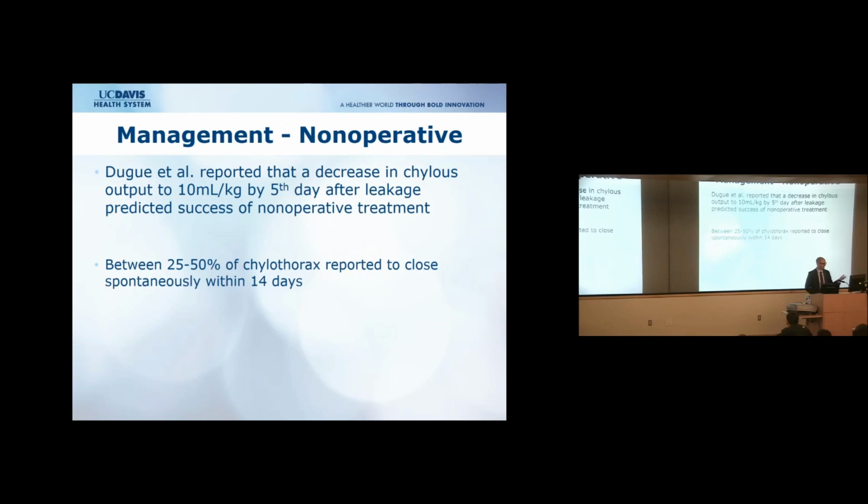But this is helpful to realize. And then between 25 and 50% of chylothorax reportedly closes spontaneously within 14 days. This is all comers, so this doesn't necessarily focus just on post-operative patients, so we have to take that also with a grain of salt.